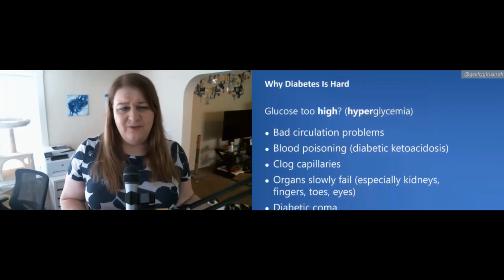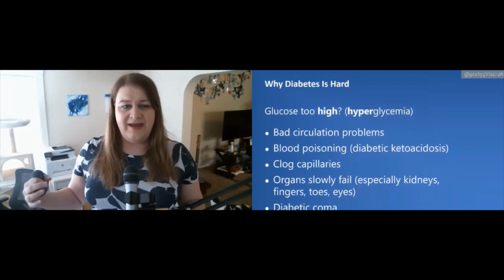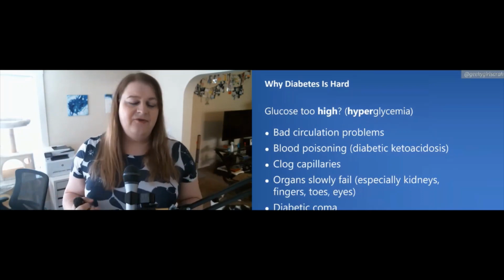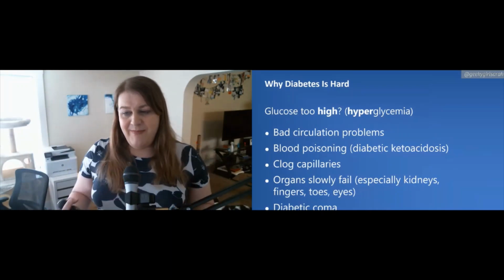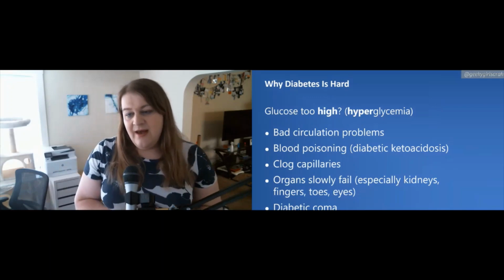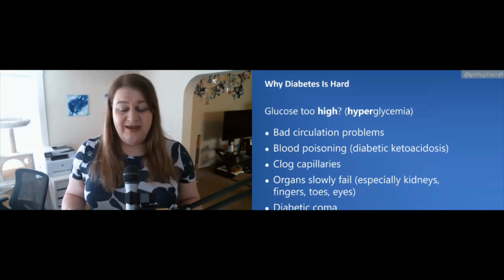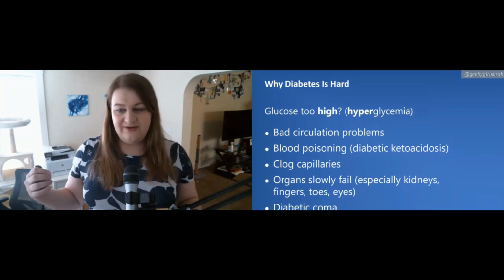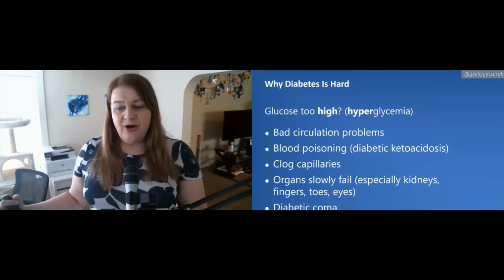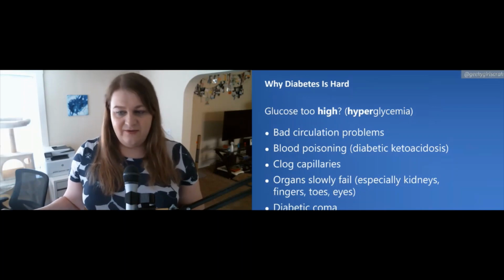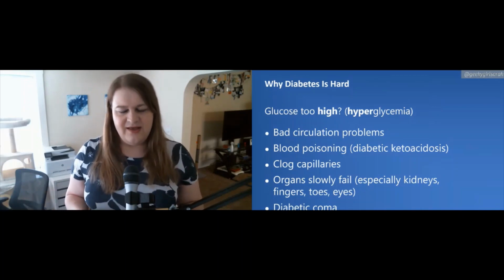So what happens if you have too much glucose in your bloodstream? Well, what can start to happen is you have bad circulation problems. You can have blood poisoning. When your glucose gets too high, your body starts burning fat. The byproduct of this is called ketones. You may have heard this from people trying to lose a lot of weight.